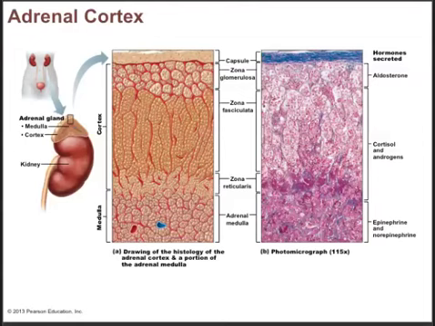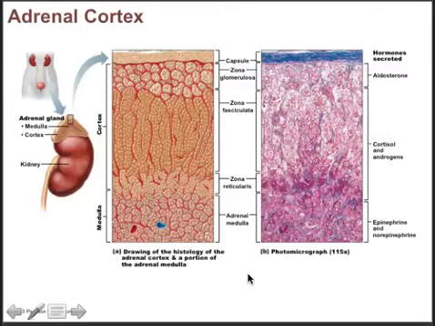What you're looking at here is just a cross-section through the adrenal cortex and medulla. You can see the capsule at the most superficial aspect, the zona glomerulosa, the fasciculata, reticularis, and there you can see the medulla, which contains the chromaffin cells that actually release the adrenaline directly into the bloodstream. The zona glomerulosa is primarily responsible for the production of mineralocorticoids, and the one you're probably most familiar with is aldosterone, which is your hormone that regulates salt retention.